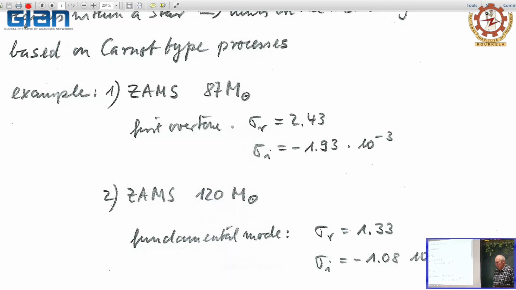And for the second model, we consider a 120 solar mass 0H main sequence star, which has a frequency of 1.3 and a very low value of sigma I of minus 1 times 10 to the minus 6. So this is a very weakly unstable fundamental mode in the 0H main sequence star with 120 solar masses.